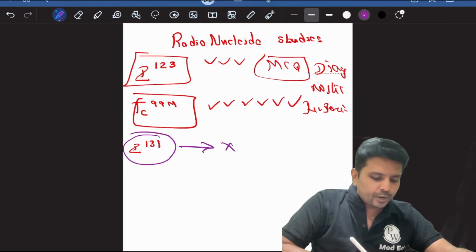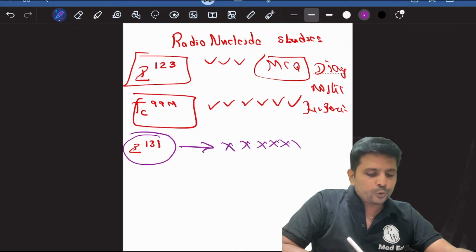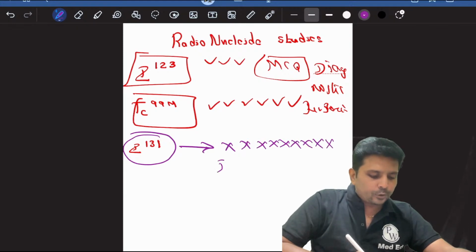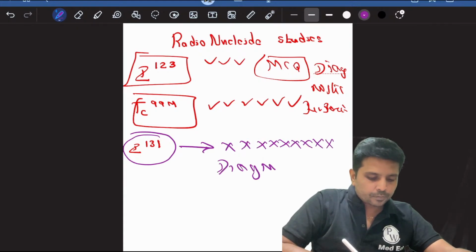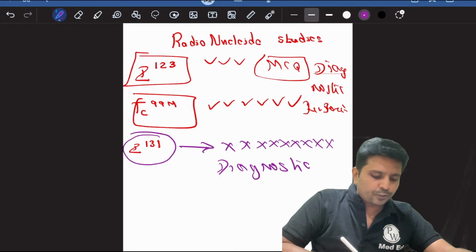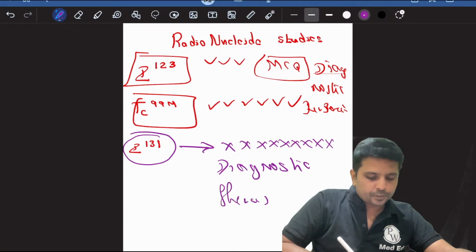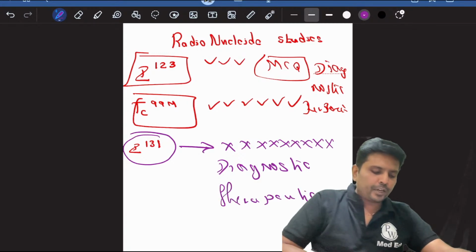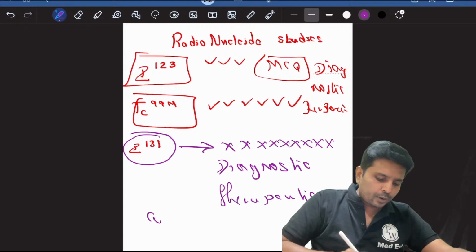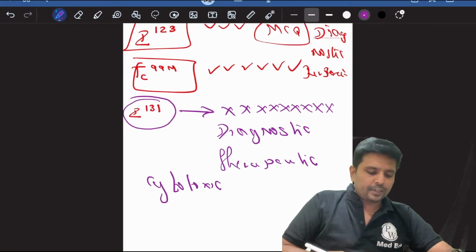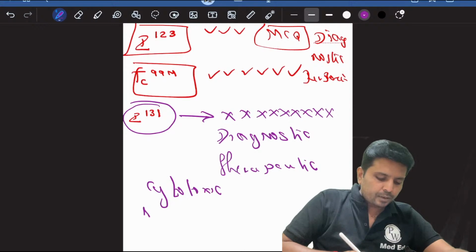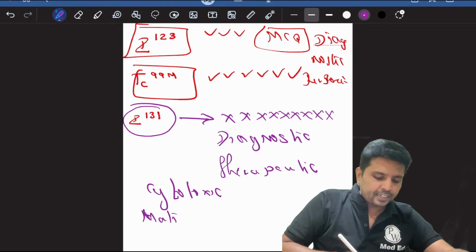Then you must be asking why iodine 131 is there. Remember, iodine 131 is not used for diagnostic purpose. It is used for therapeutic purpose. What do you mean by therapeutic purpose? This iodine 131 is cytotoxic, as a result of which it is used in malignant thyroid conditions.